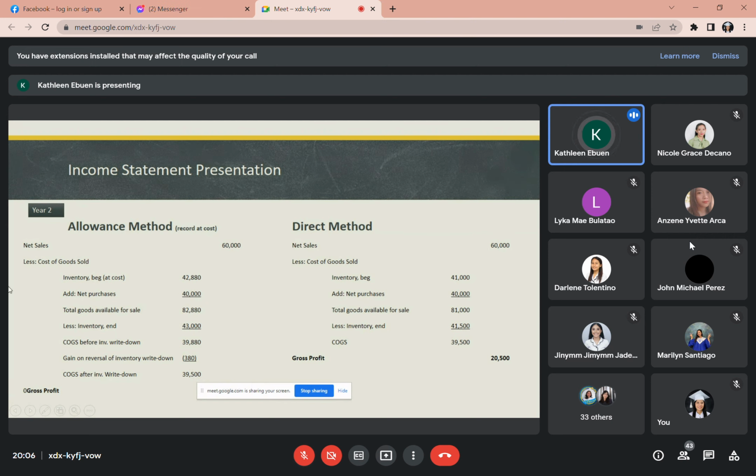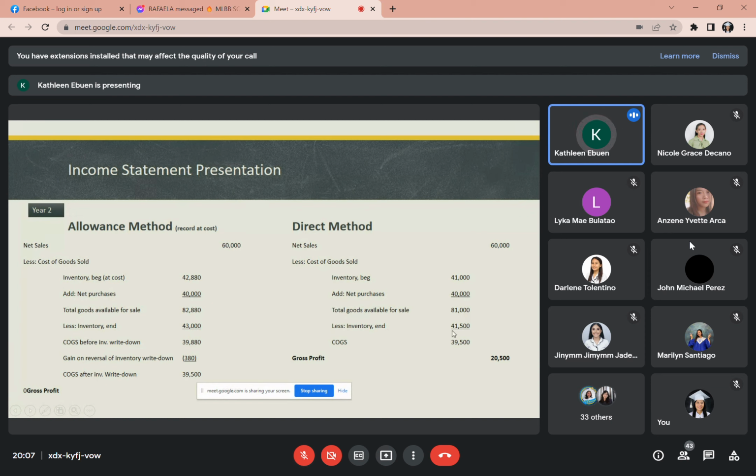Under direct method naman, so we have the sales, and then yung cost of goods sold natin, inventory beginning at 41,000. So, ito po yung ending inventory natin under direct method. So, therefore, magiging beginning siya for the year 2. So, 41,000 at the net purchases of 40,000. Therefore, meron tayong total goods available for sale na 81,000. And then, ibawas natin yung inventory end.